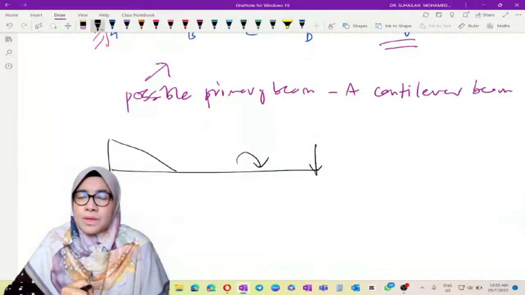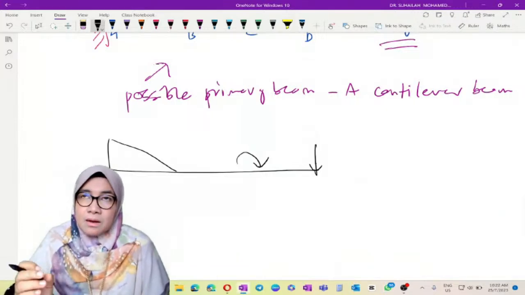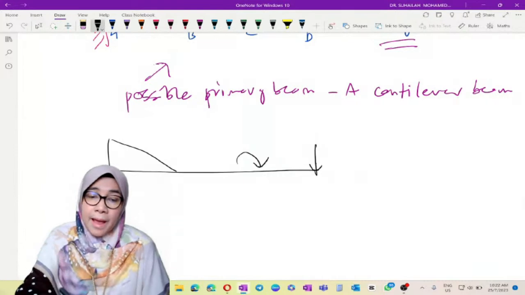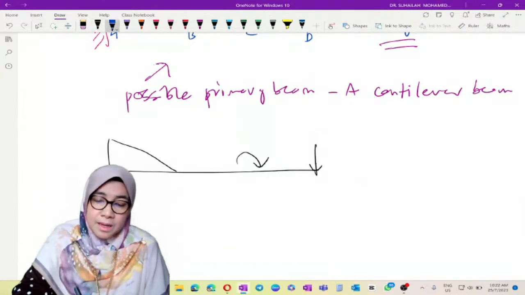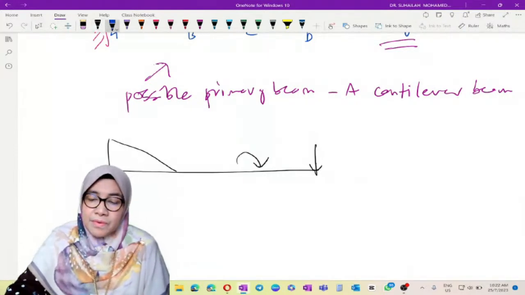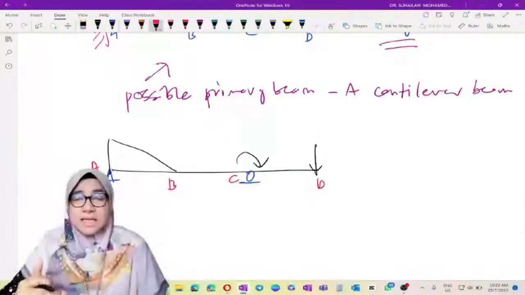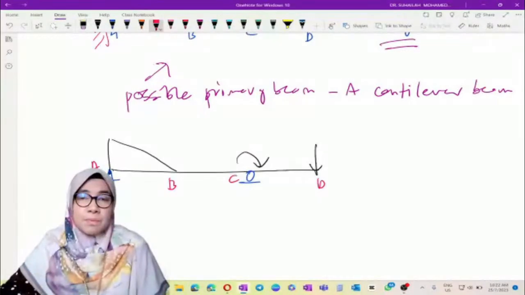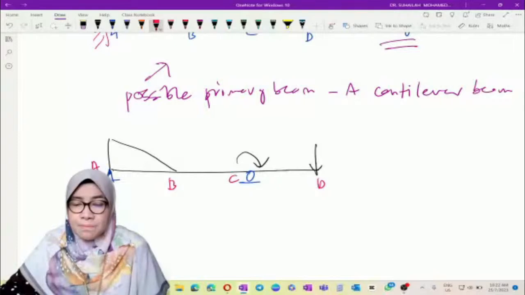Okay, now we have to change fixed to pin at A, and we remain roller at C, because B, C, D, this is a simply supported beam. Simply supported beam is a determinate beam.